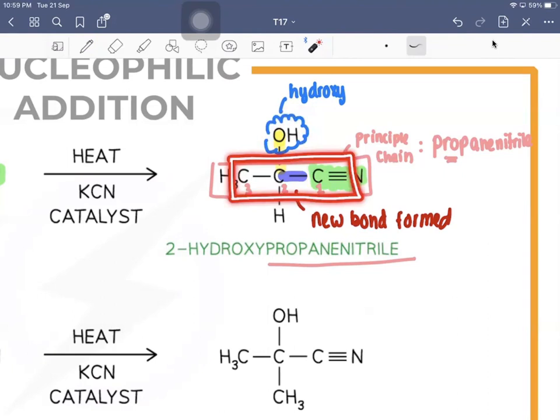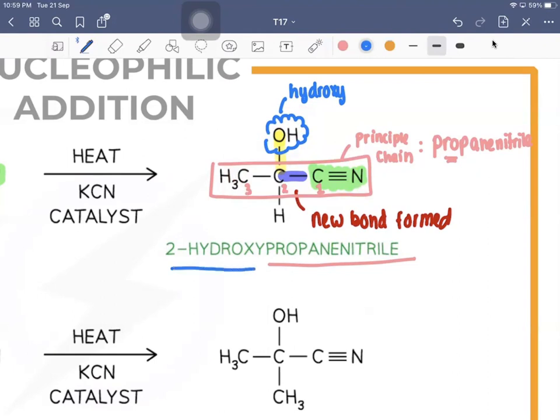So that's why we call it a 2-hydroxypropane nitrile.